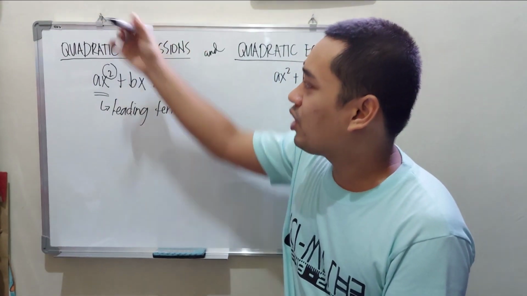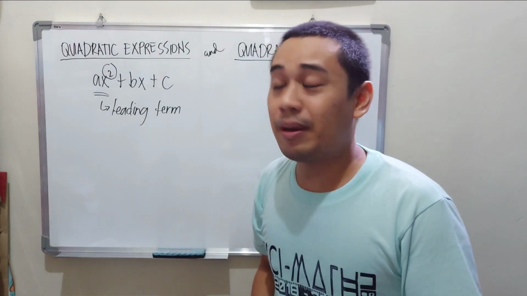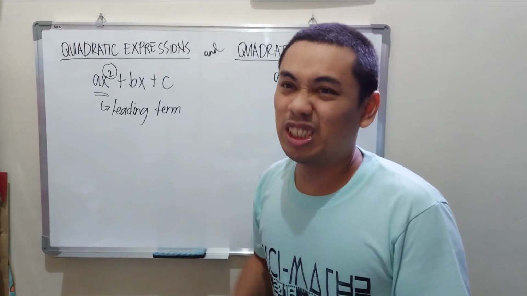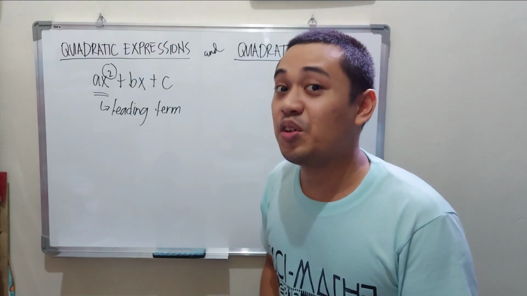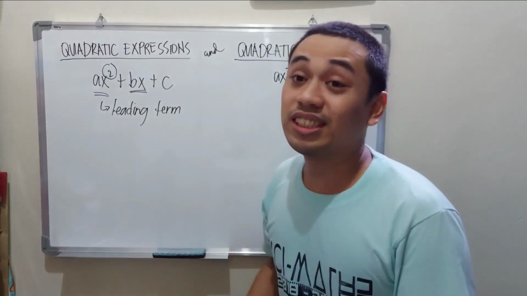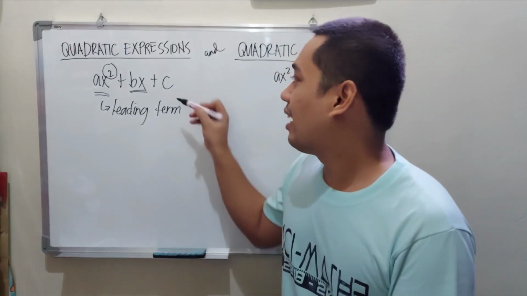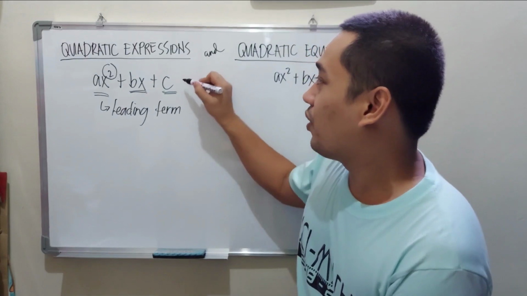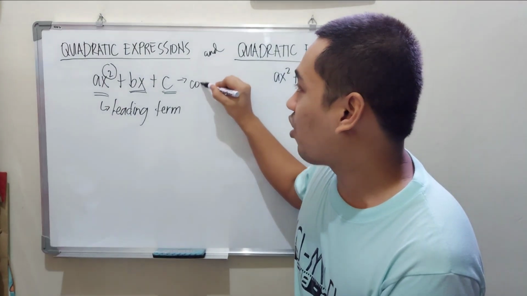So, hahanapin nyo lang po yung term na merong power of 2, and that will be our leading term. Sa general form, lagi siyang nasa unahan. Now, we have bx as our second term, and c as the last term. Wala na siyang x, so kung mapapansin nyo, this is what we call the constant.